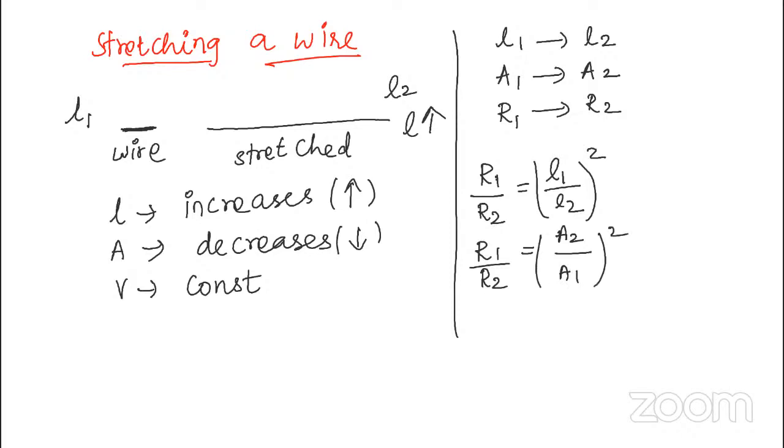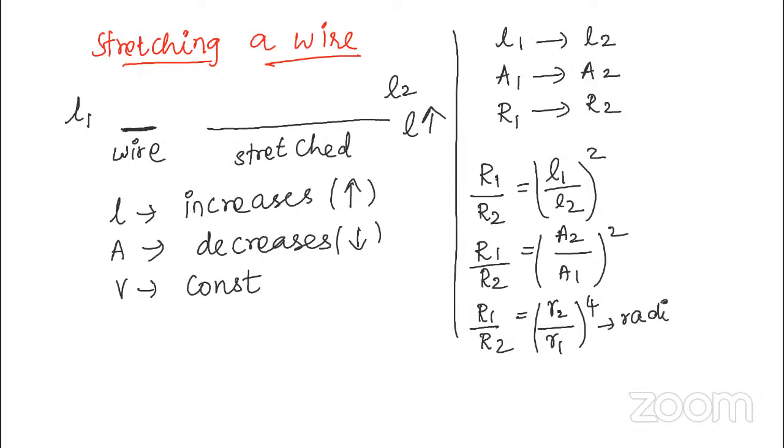Then for the radius values, what is the formula? When the radius is given, how do we calculate resistance values? Now what will happen? It should increase 4 times. So R1 by R2 is equal to R2 divided by R1 the whole power 4. Here R represents the radius.